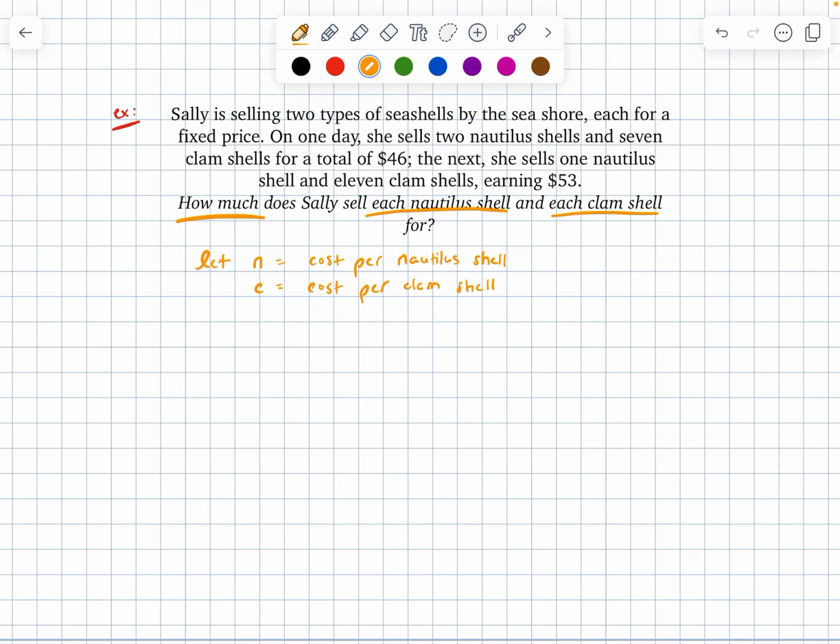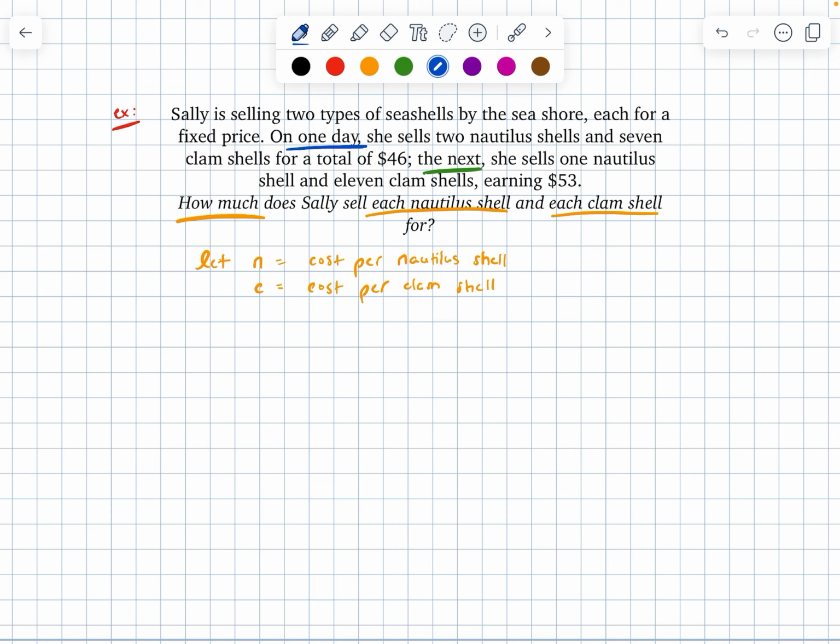Now, with my variables defined, I need the equations that are going to contain them. I need two of them because I've got two variables. What's going to help me determine my two equations is that I've got a first day and a next day, and in both of those I've got something to do with nautilus and clam shells.